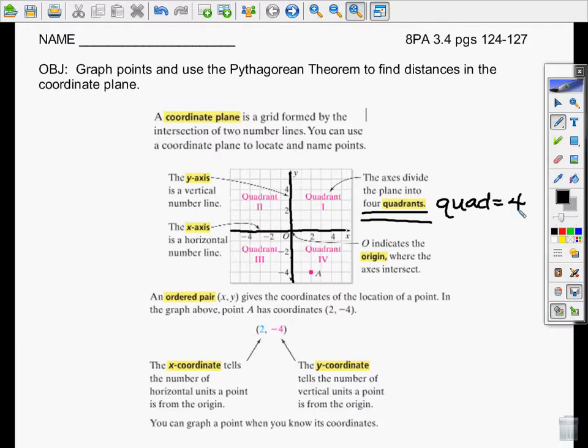Now the way that they label the quadrants is counterclockwise, which just means against the clock. We're not going the same direction as the clock. So quadrant 1 is going to be in the upper right-hand corner.